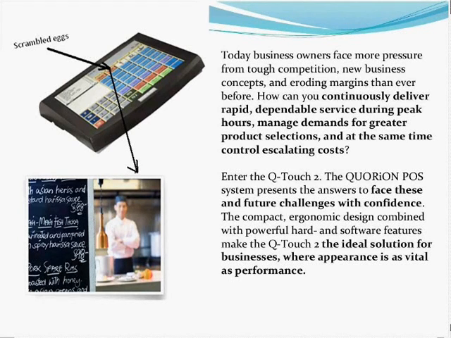It was a fascinating piece of equipment, and what's on the screen now is information that came from the website of the manufacturers of that technology called the Quarian POS or point of sale system.